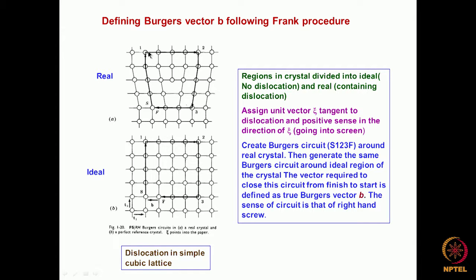We have traveled around the dislocation line and reached the starting point, we have completed. Now we choose a region of the sample which does not contain any dislocation. I do identical displacements. If I do that, then you will find that here only 4 steps are required in the negative x direction to reach the starting point. Here when you take the 4th step, you find that from the finish point to the starting point, there is a gap. This is defined as the Burgers vector of the dislocation.